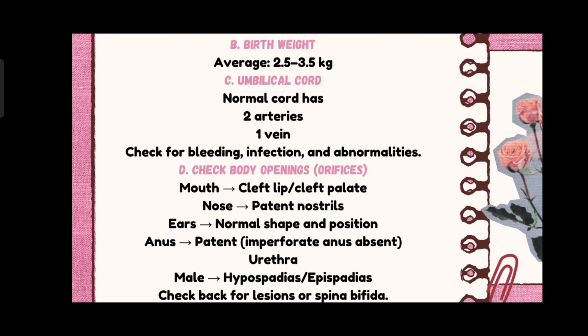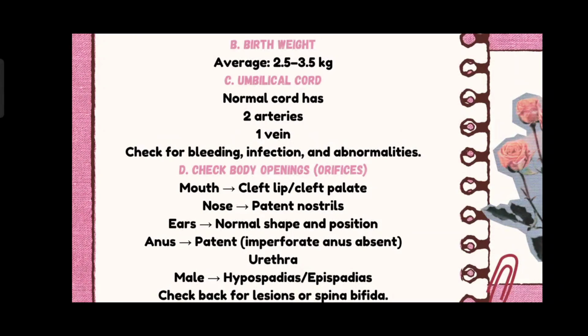Then anus, we have to check whether the anus is patent or not. Then for urethra, in the male we have to check for hypospadias and epispadias. And also we have to check the back of the newborn baby for any type of lesions or the presence of spina bifida. All these things we have to check.